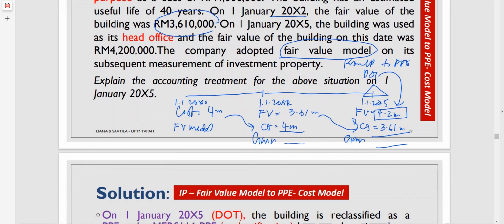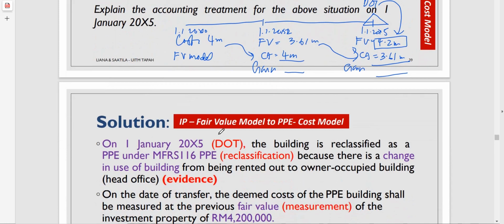So let's look at what you have and see what is actually happening after we have done the working. So on 1st of January 2000x5, the building is classified as PPE. The reason is the change in use, and the evidence is that the property that was being rented now becomes owner-occupied, which is a head office.